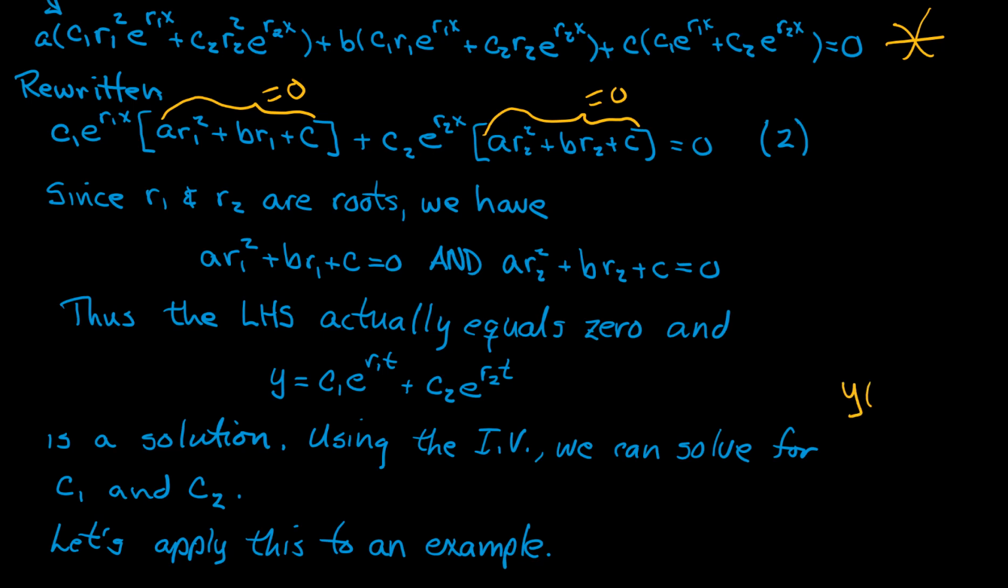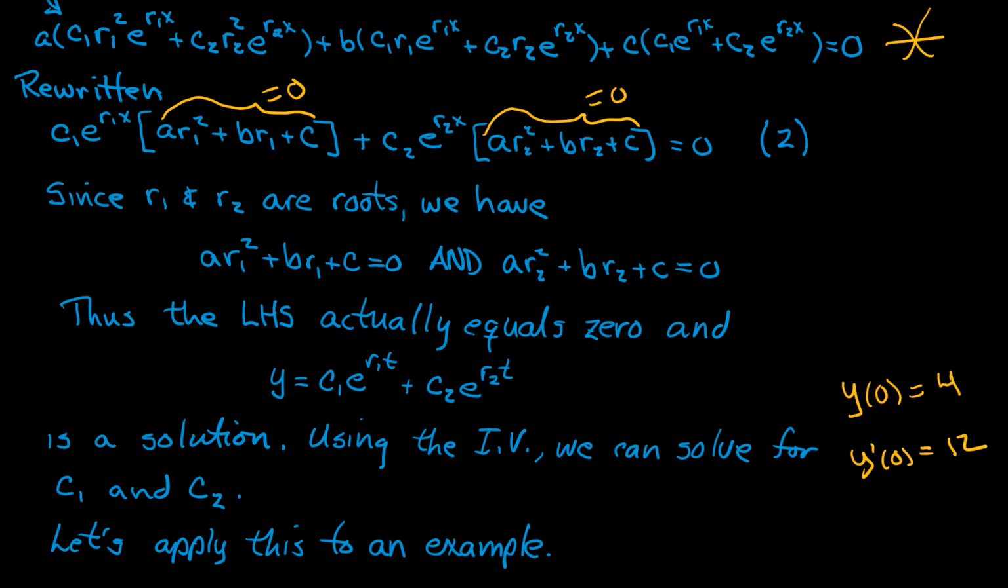For example, maybe y of 0 equals 4 and y prime of 0 equals 12. Realize that in the real world, these two pieces of information, these initial values, are referred to as initial values because they're at time 0.